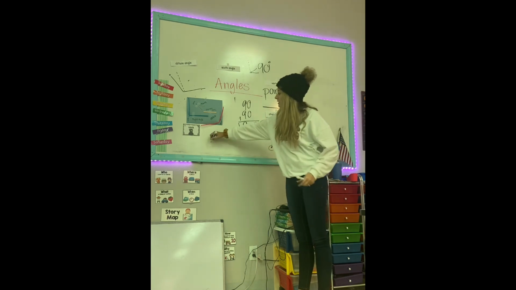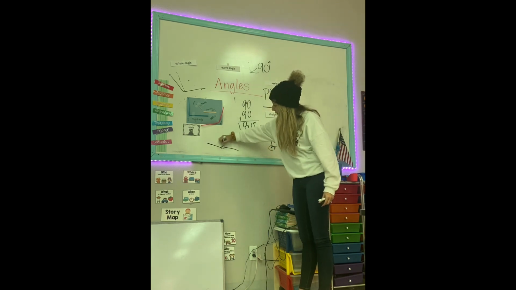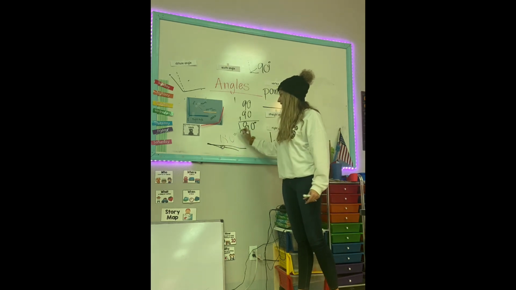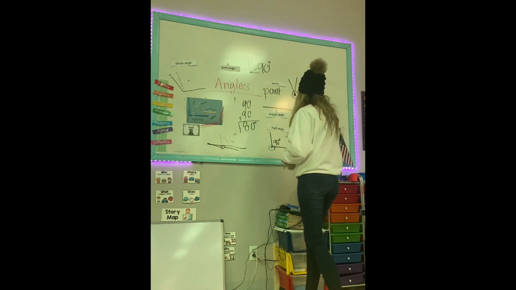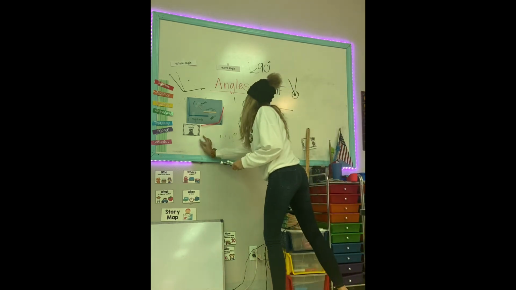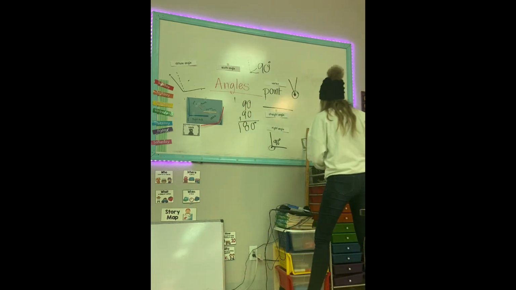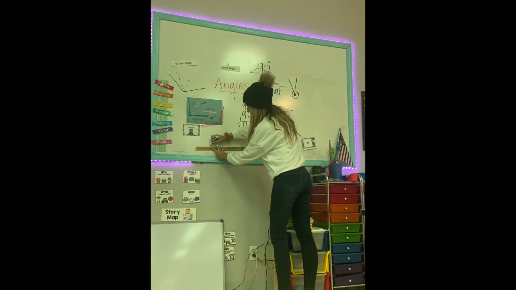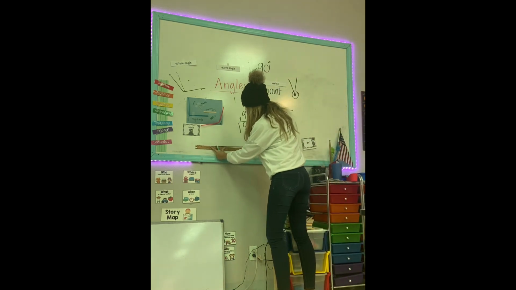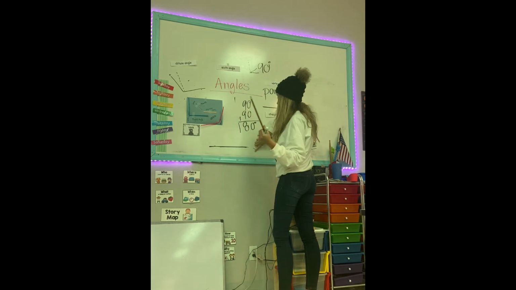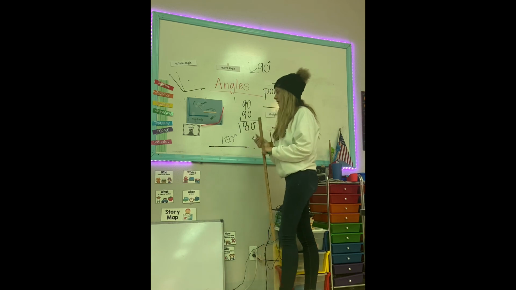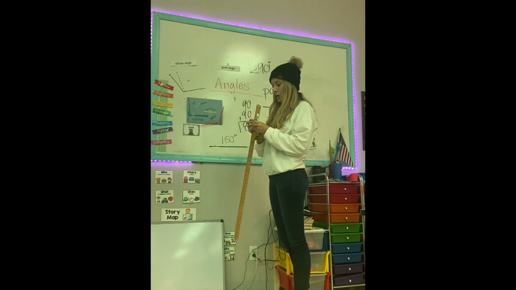It's two of those lines, 90 and 90, coming together, straight line to form 180. That's very messy. I'm so sorry. Let me correct that. We'll even make it accurate. That is 180.